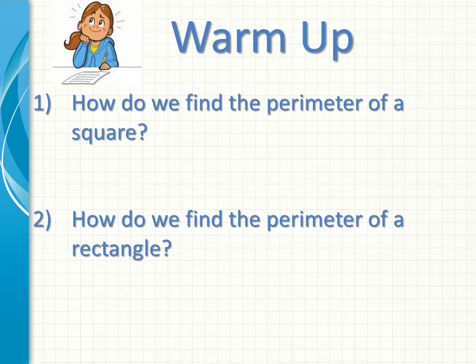Just write the formula. It's a simple one, not more than 2 or 3 letters or something. And then the second question says, how do we find the perimeter of a rectangle? So write down your answers in 10 seconds before we continue the lesson.